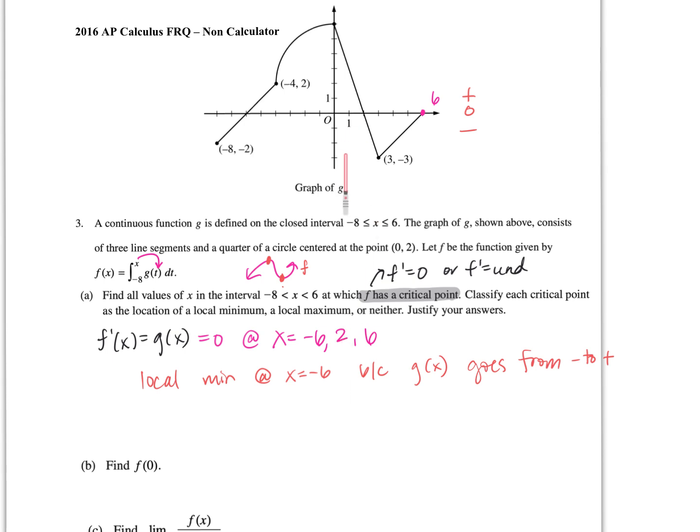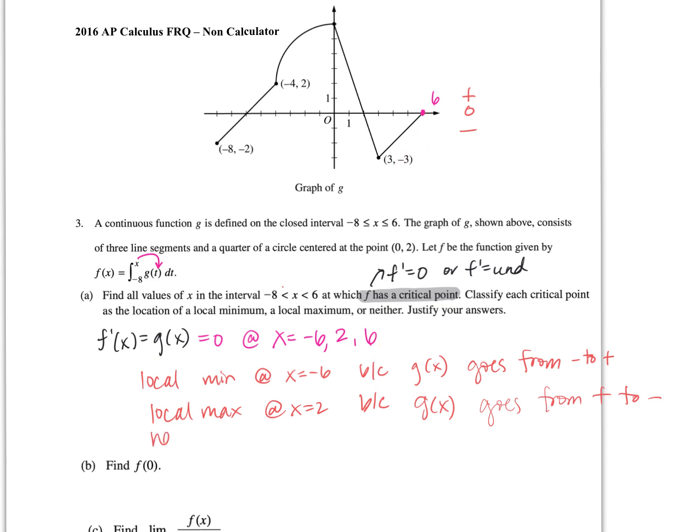Do we have anything at 2? This one's going to be a local max. I'm going to say local max at x is 2 because g of x, or you could say f prime, goes from positive to negative. And finally, anything at 6? No, at 6 it equaled 0, but it didn't change signs, right?